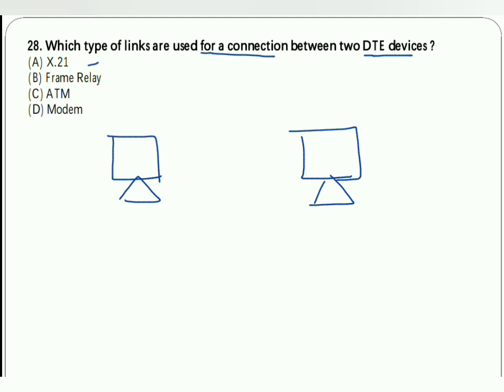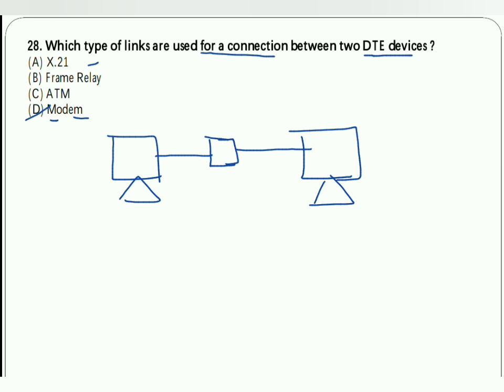Basically we need a modem here to establish communication between the two systems, because modem means modulator and demodulator. It will modulate and demodulate the signals between the two computers. So a modem is required to establish the communication between two DTE devices.